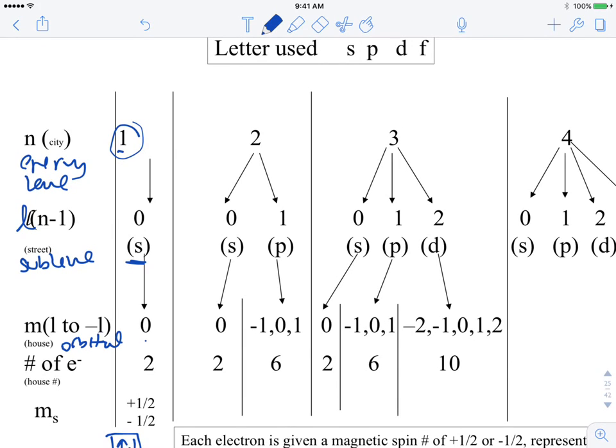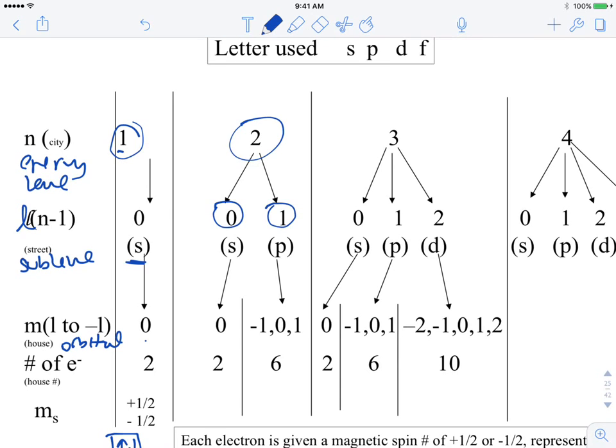After I try and put 2 electrons in, the repulsion becomes so great that they are forced into the second level. In the second energy level, which is bigger, I can figure out my sublevels. So I do my subtraction. For L, 2 minus 1 is 1, and 1 minus 1 is 0.